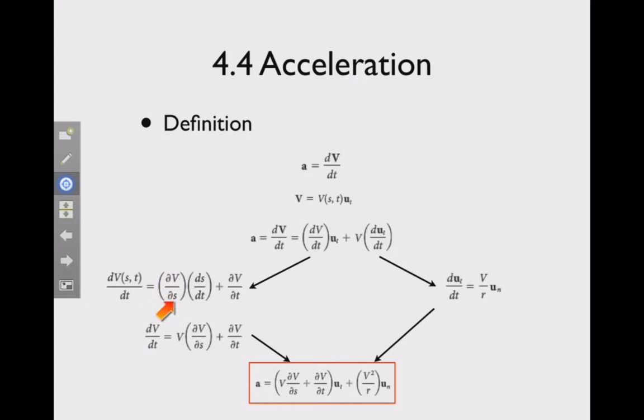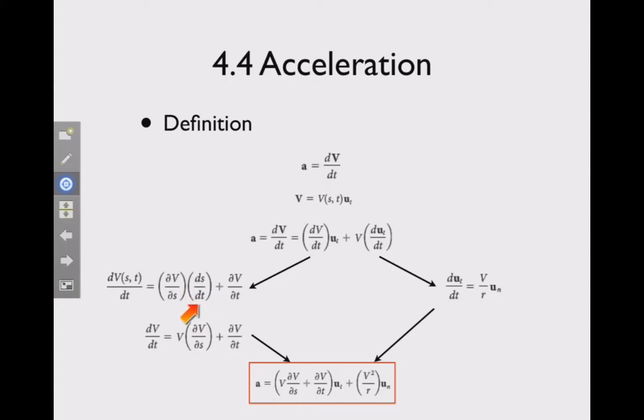It's interesting to note that we need these partial derivatives in the chain rule because v depends on both. So we have del v del s, where we're holding time constant, and we're just looking at how these spatial changes occur in the velocity field. And then we multiply that by ds dt.